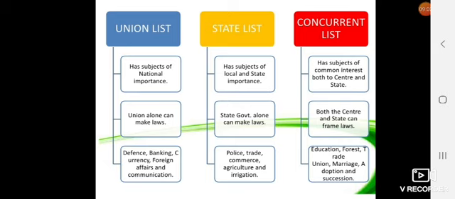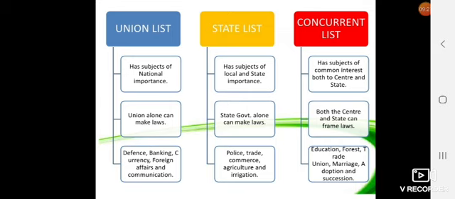So now the question that arises here is, what about the subjects that do not fall in any of these three lists? Maybe there are some subjects which do not fall under any of these three lists, for example a subject like computer software that came up after the constitution was made.